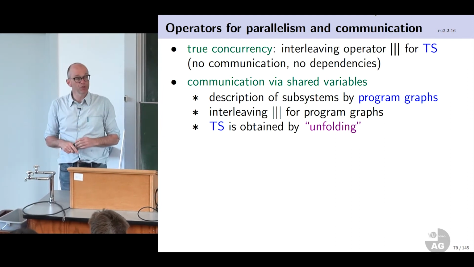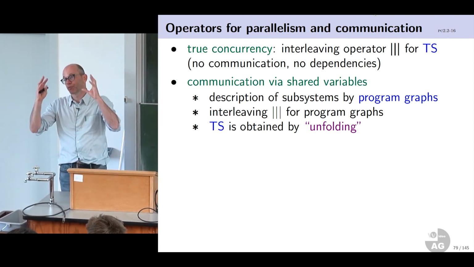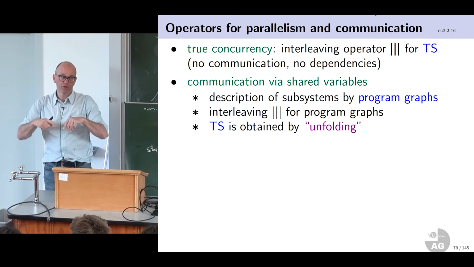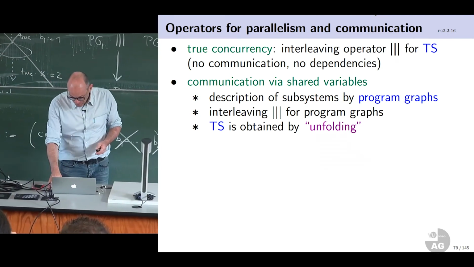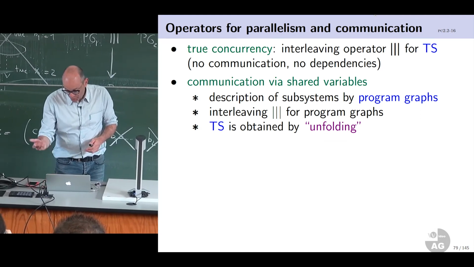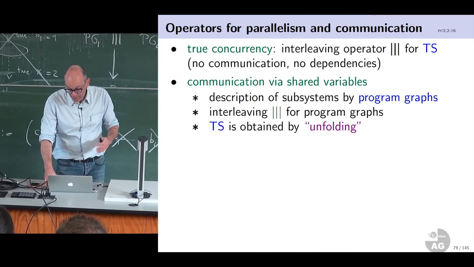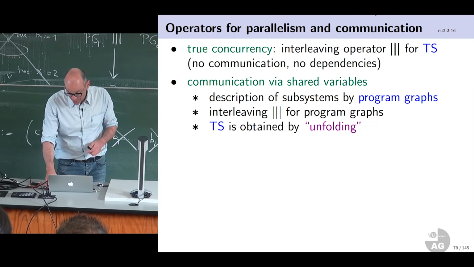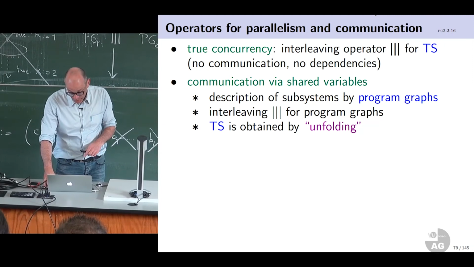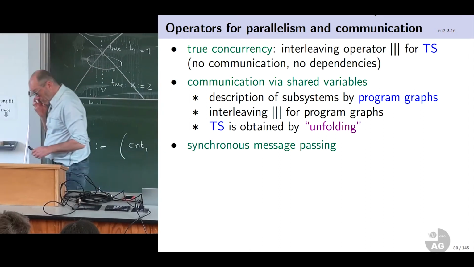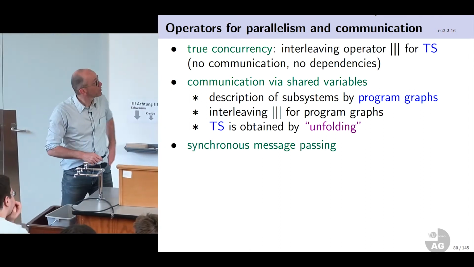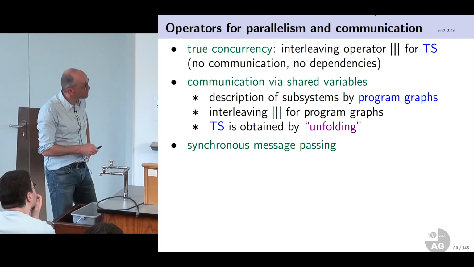When do you glue them together? You glue them together at the program graph level, and then you build a transition system. That's what we have seen today. The transition system, as we have seen last time, is basically obtained by unfolding. You look at all the possible locations, all the possible program values, and so forth. So now I would like to look at what is called synchronous message passing.